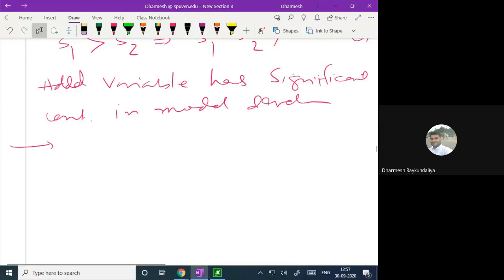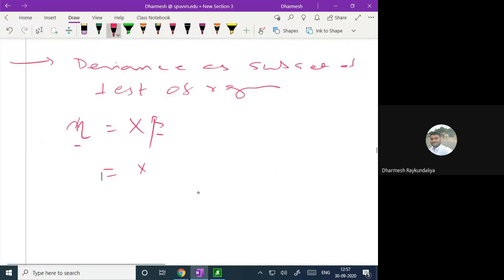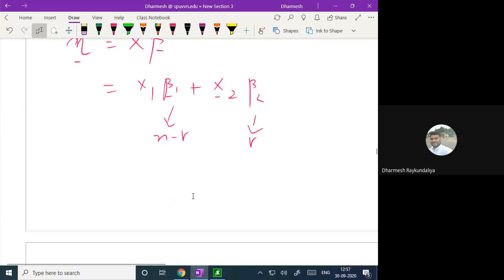So we can also use the deviance as a test of a subset of regressors. Let us say that my linear predictor has this form Xβ. Now I am dividing this into two parts, X1β1 and X2β2. It has n minus r regressors, and it has r regressors, so of course there are r parameters.